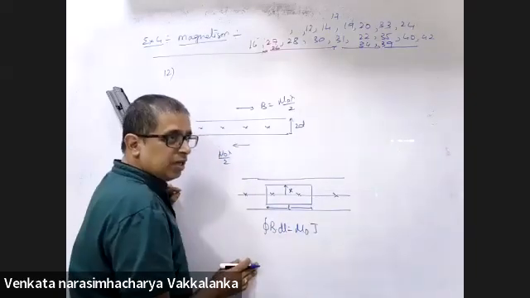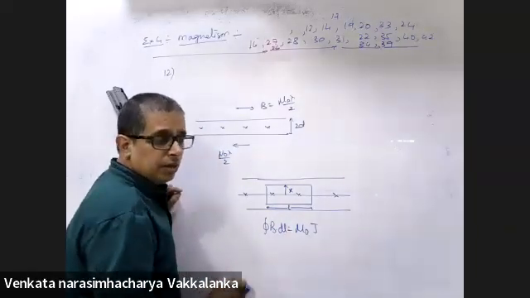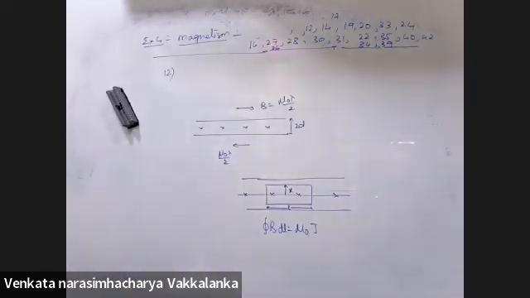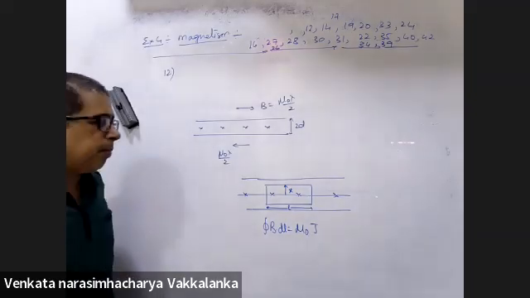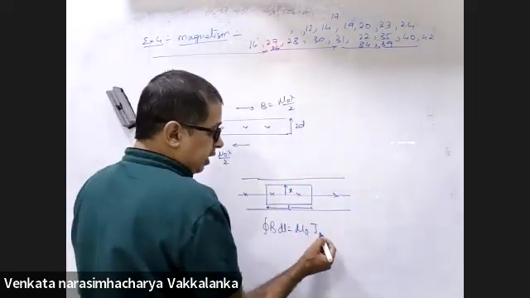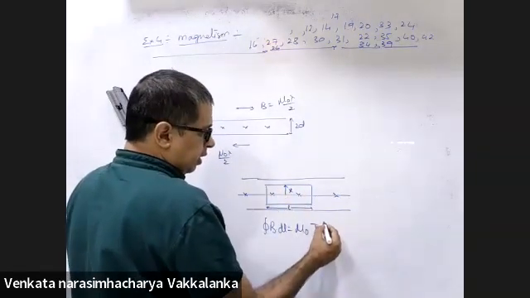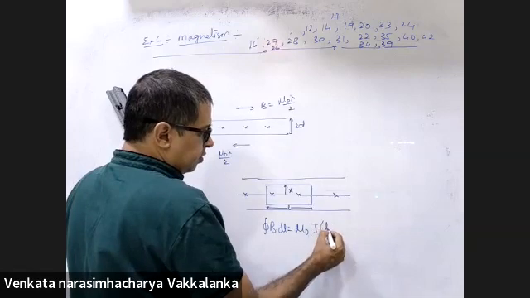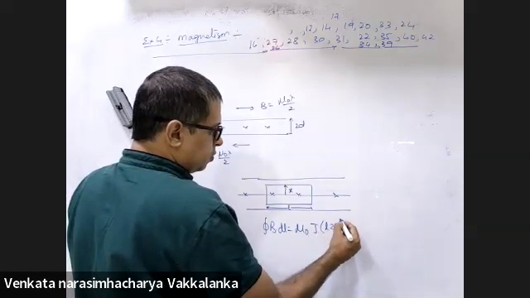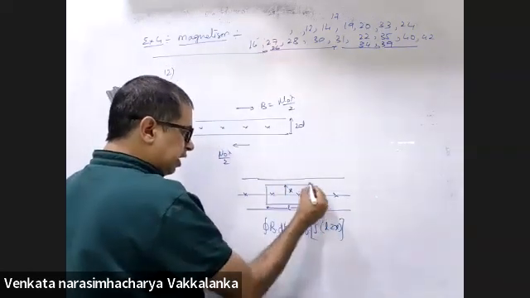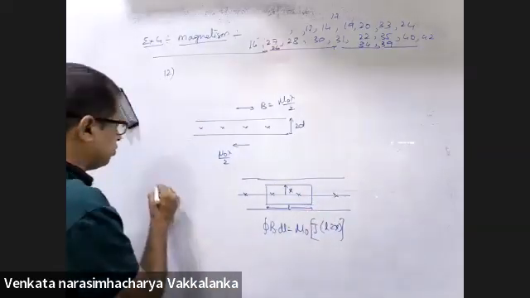Current density J is current per unit volume here. Uniform current of density J flows inside an infinite plate of thickness 2d. Per area of cross section J. That means I should calculate this area of cross section, which is L into 2x. This is the net current flowing through this area of cross section.